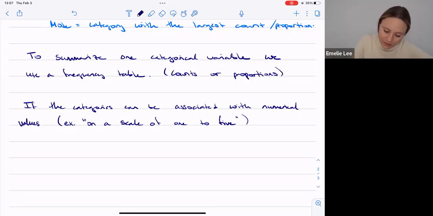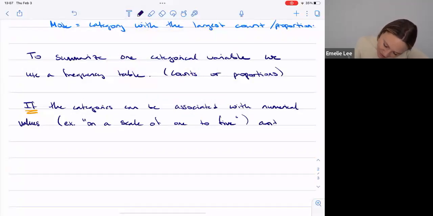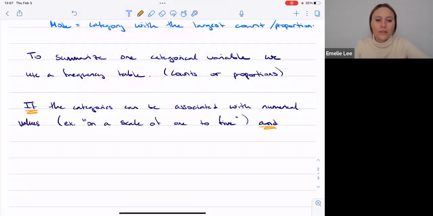So if the categories, and that's a big if, can be associated with numerical values, I'm going to highlight all the things that we're assuming here, or that it hinges on.